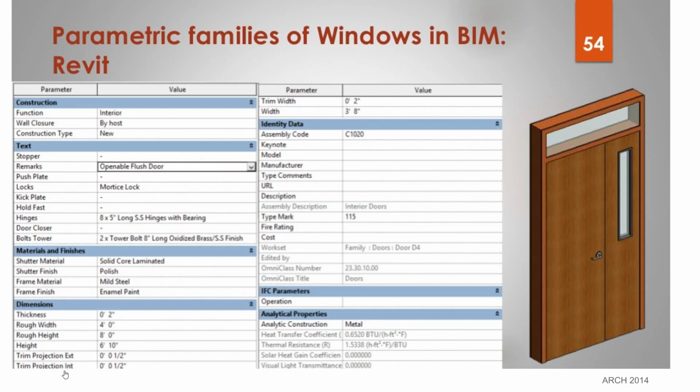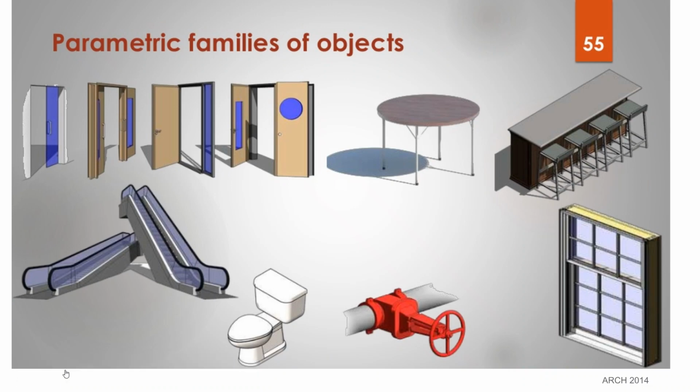Further to the pleasure of using BIM modeling tools is the idea that these objects, when they're imported, are parametric, which means that you can actually change their shapes easily and modify them to fit your needs. And you can import a whole host of other BIM objects from other vendors and sources.